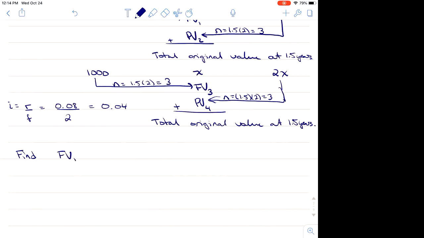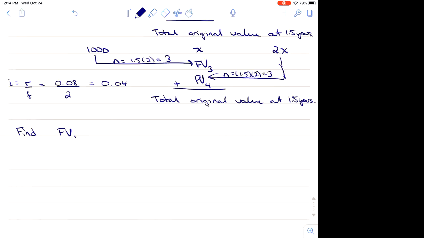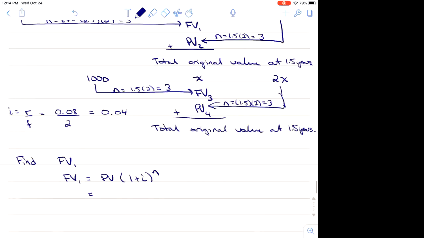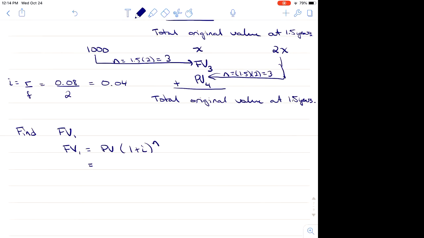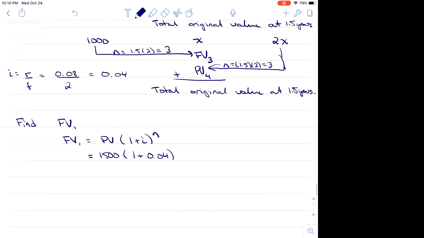We'll start with future value 1. Future value 1 is the present value times 1 plus I to the n. The future value 1 has a present value of 1,500 times 1 plus I, which is 0.04, to the power of n, which was 5 for this one.